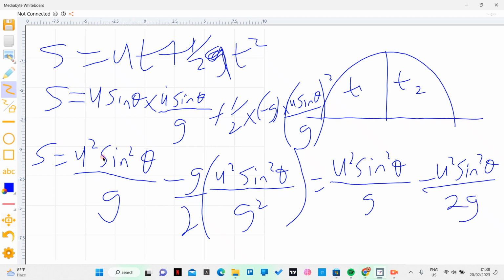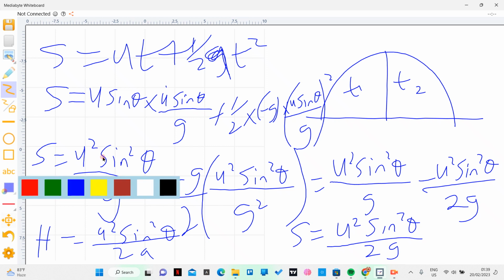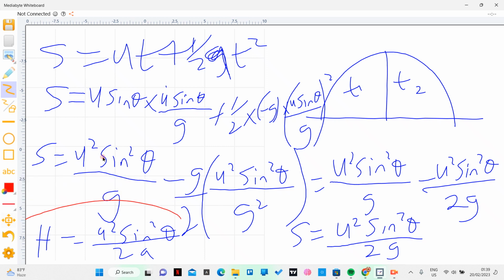So you do the math, and you are going to have your s equal to u squared sine squared theta all over 2g. So you can just change that s to your maximum height, which is equal to u squared sine squared theta all over 2g. So that's what you use to calculate your maximum height. I hope you understand.